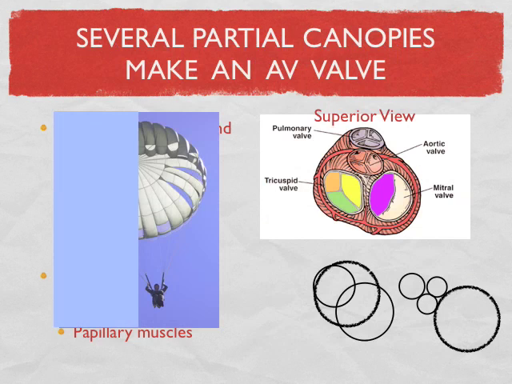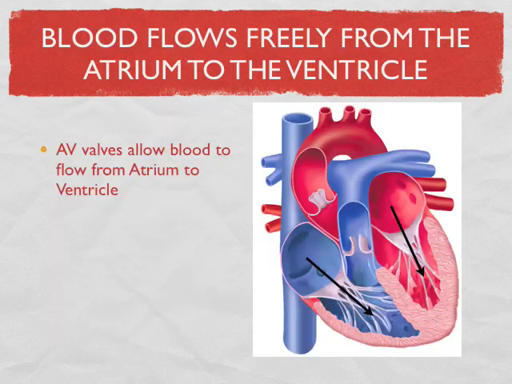Over here on the mitral side, there are just 2 half parachutes that are stitched around the opening. So this would be the opening, and this is where it's stitched right there. Little parts of a parachute. This is why some people call this the bicuspid, because there's just 2 cusps or 2 partial parachutes.